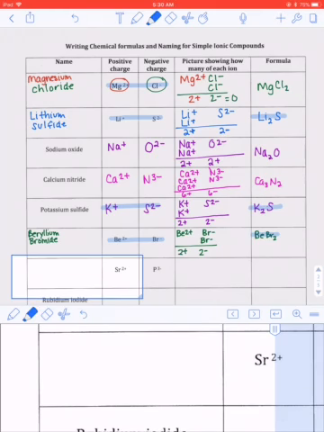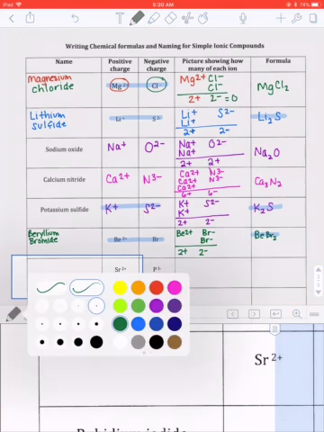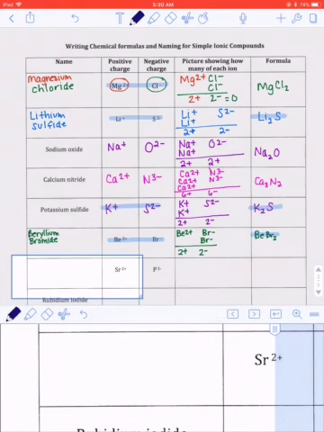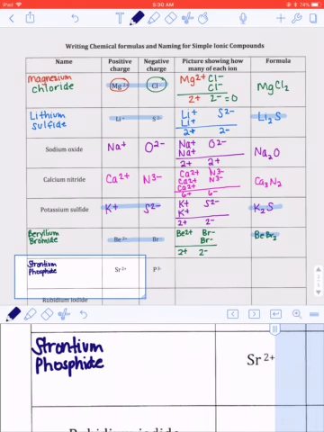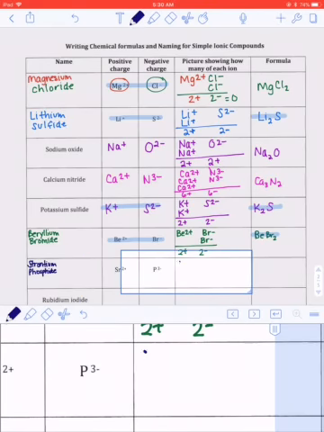Sr2+, P3-. This is just like our calcium nitride problem. Alright, so we've got Sr, strontium, and P is phosphide. Alright, so we need Sr2+.